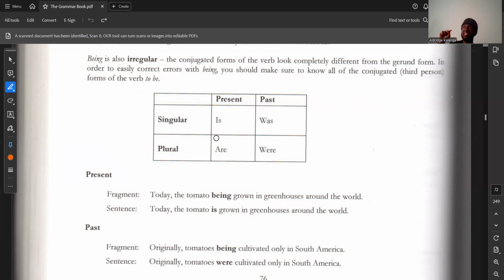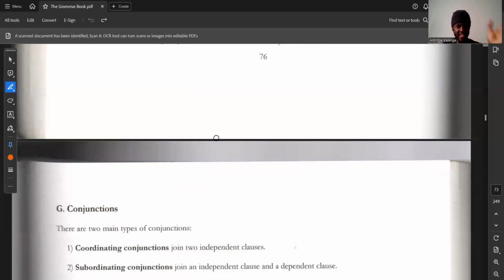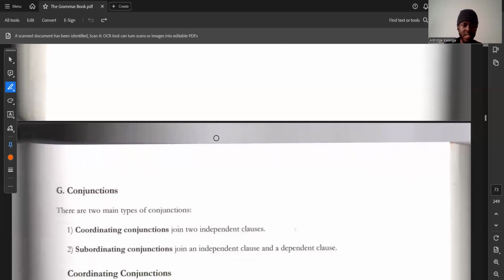It's not like is, ised, ising, like talk, talks, talked, talking. You never have is, ising; it's is, was, are, were. So it's an irregular verb. And that's the only reason why it's irregular, because the conjugated form looks completely different from the original form. Just in case you read that on your own and you're getting confused.